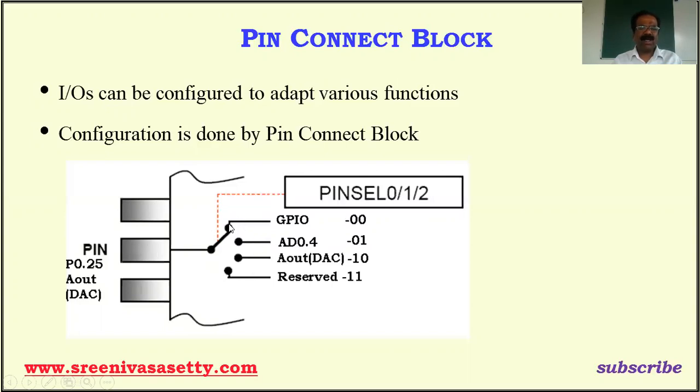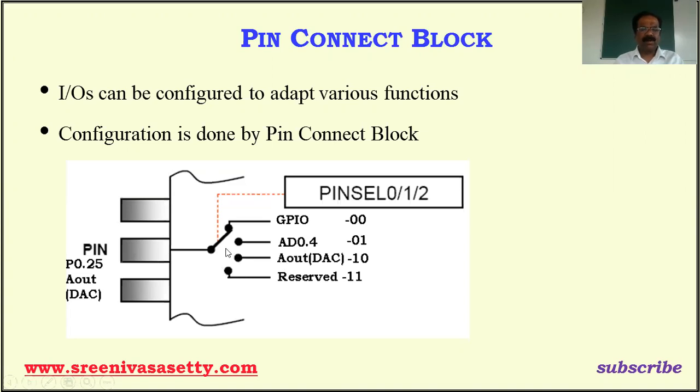For example, I can use this pin as a GPIO, general purpose input output, or as AD0.4, which comes under the analog to digital converter, or as A out, or reserve it for some other future purpose.